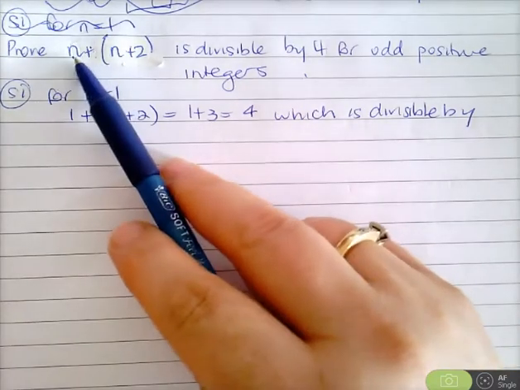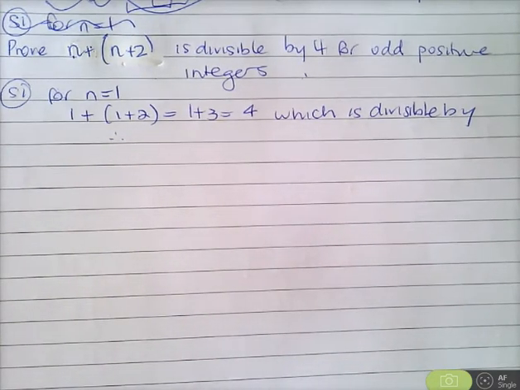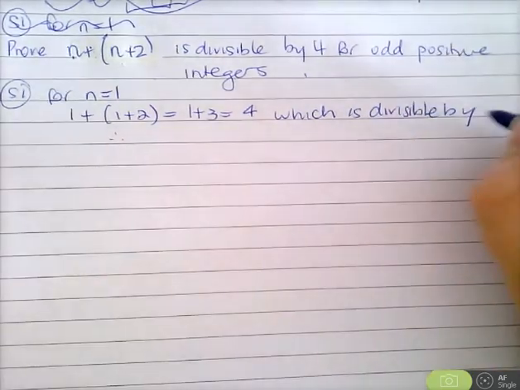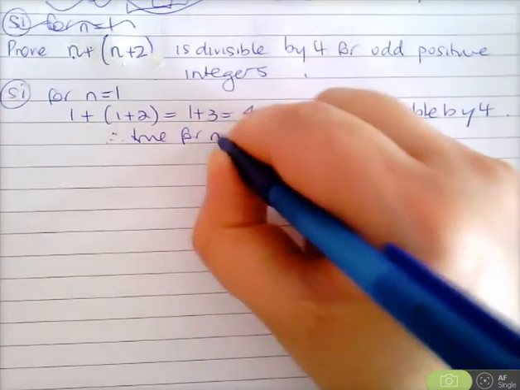Sorry, I'm wrong, it's 2n plus 2. Lapse in intelligence. Which is divisible by 4. Therefore, true for n equals 1.